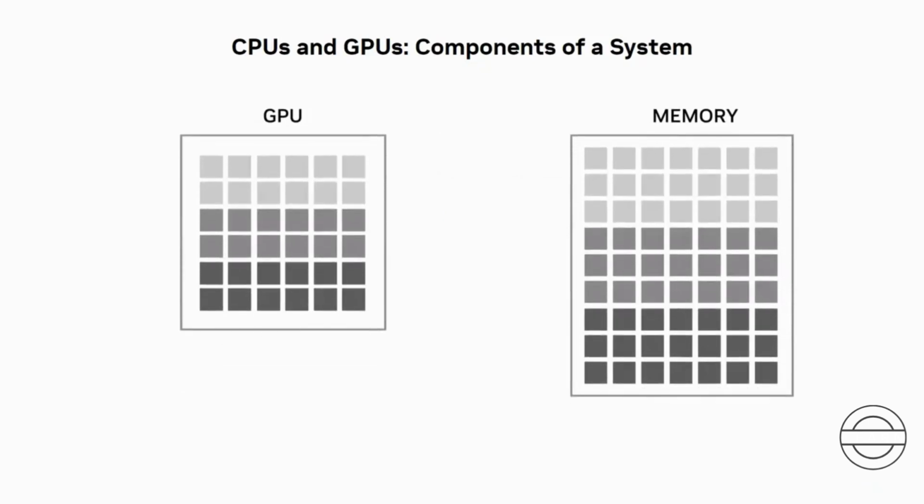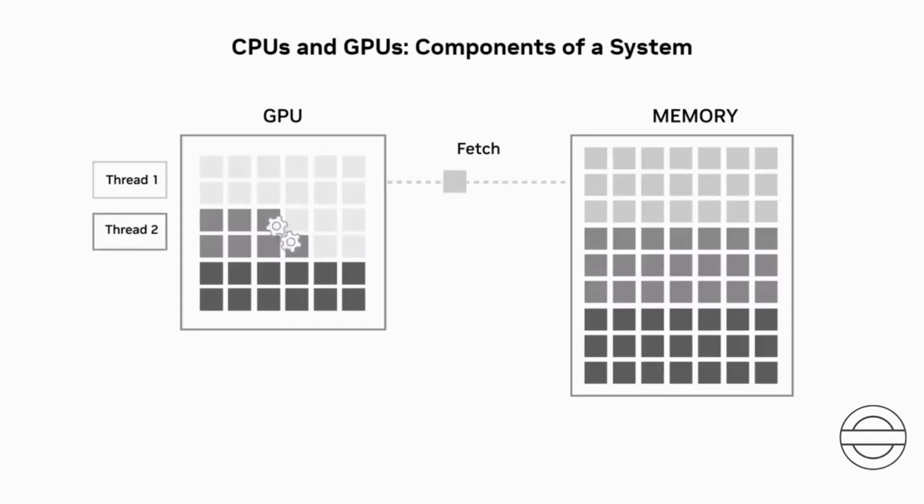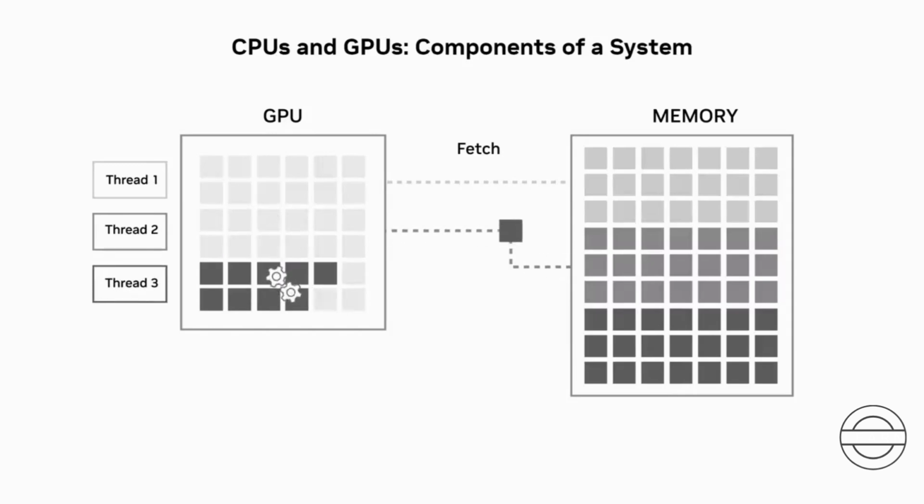The GPU scheduler launches a thread that tries to execute an operation, for example, an addition. If the data is not ready for the thread to use, it issues a fetch command to the memory, and it stalls while waiting for the data to arrive. The scheduler then moves on to another thread to execute its instructions, and so on and so forth, creating a pipeline of issued instructions across a series of threads.